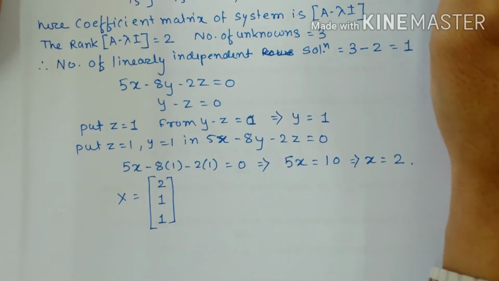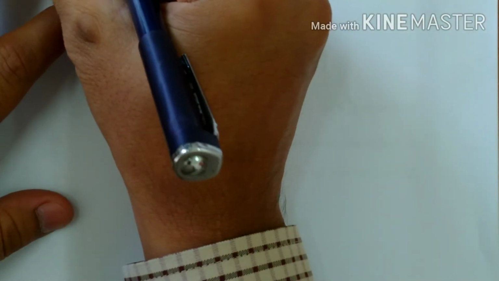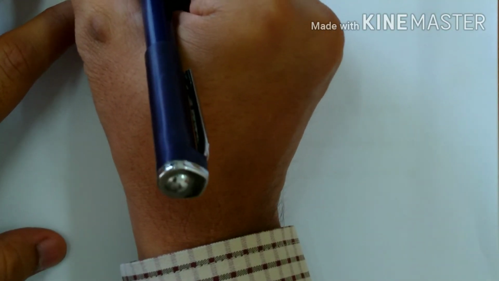I hope this idea is clear to everyone. Before we conclude today's lecture, I would like to verify the equation which we discussed in the previous video, Ax is equal to lambda x, for today's example.